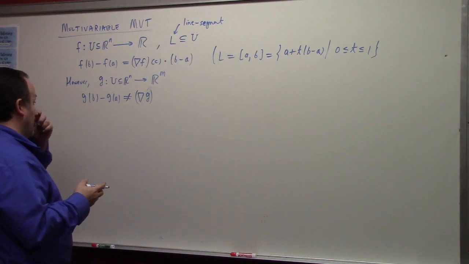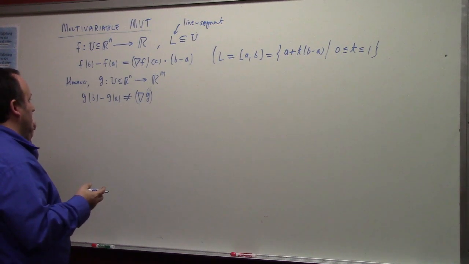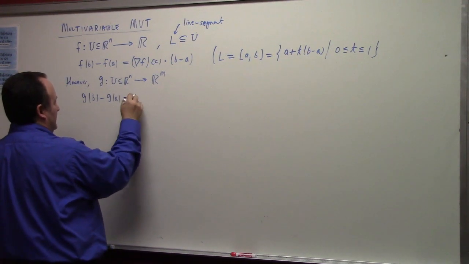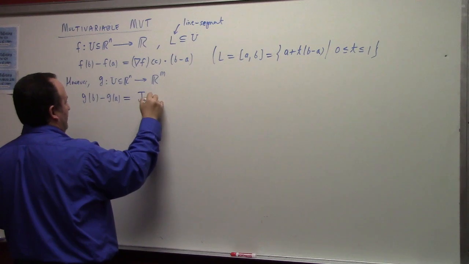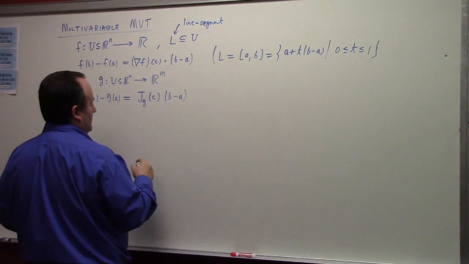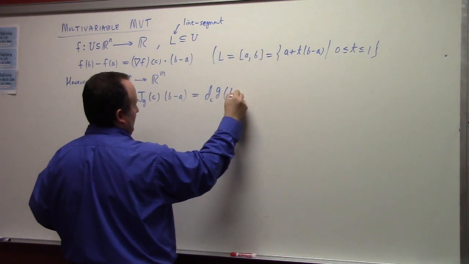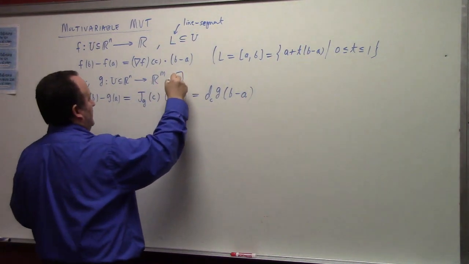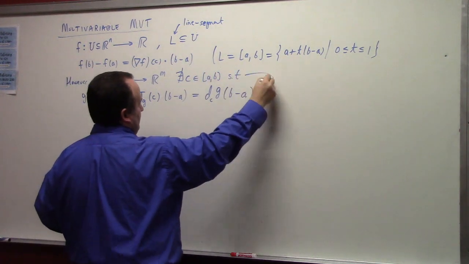All right, so I guess what I should probably put, I'm not sure what he has, but you can't say that this is equal to the Jacobian of G at some point C on the line segment times B minus A. Or if you like, this would be dg, the differential at the point C of G acting on B minus A. There does not exist C in the line segment such that this happens.